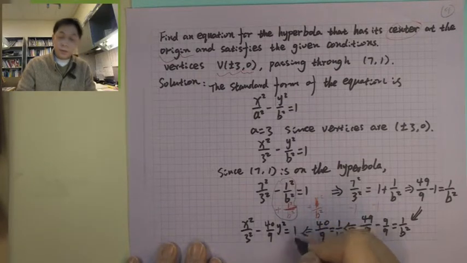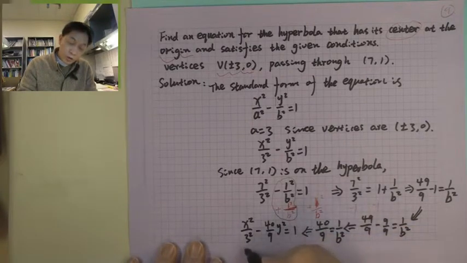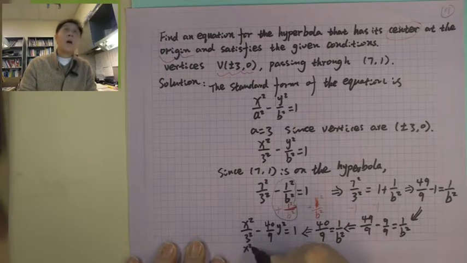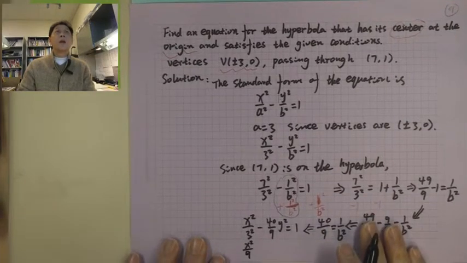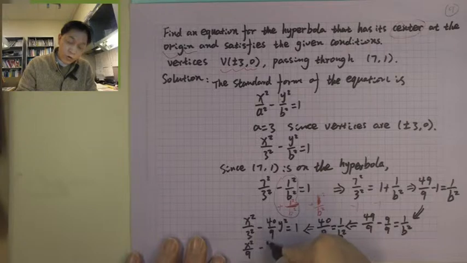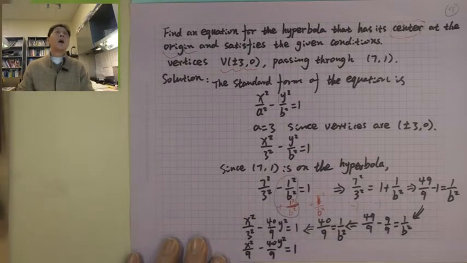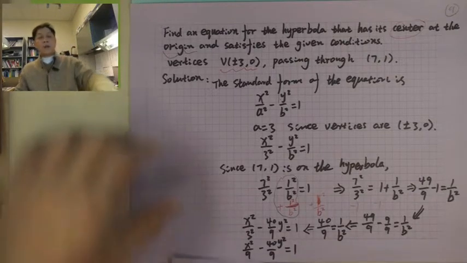If you want to write more, that will be x squared over 9 minus 40 y squared over 9 equals 1. So that's the final answer.